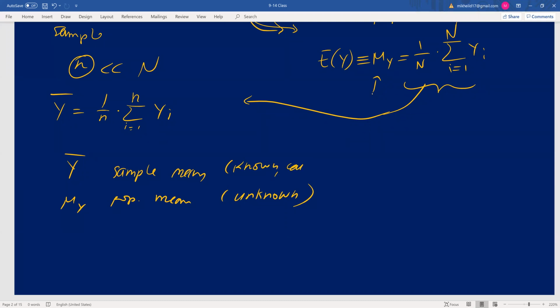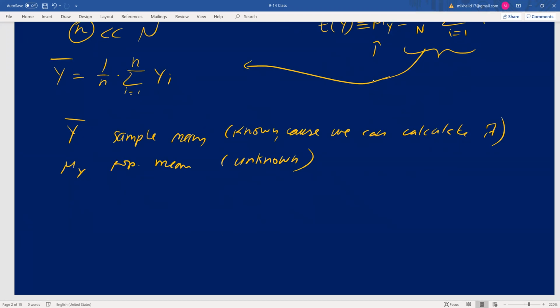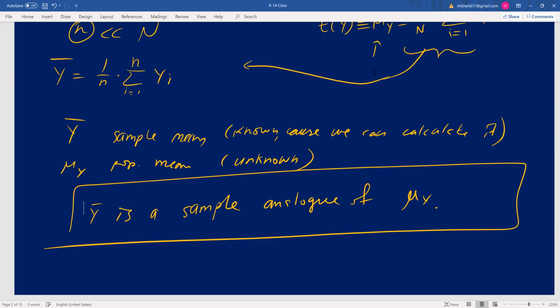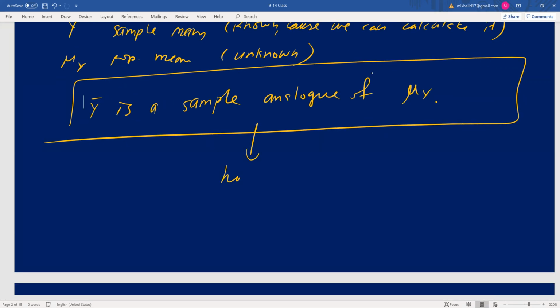Why? Because we can calculate it. We don't know mu of Y, but Y bar is definitely a sample analog of mu of Y. But the question is, how good is Y bar?